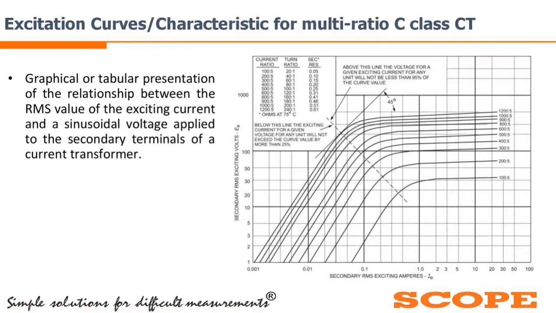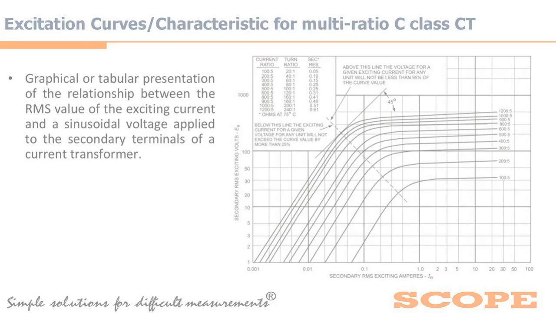Then excitation curve and characteristics. CTs can have multiple taps, with metering and protection cores all in a single CT. With the help of our ATOM 21, we can test multiple CTs and we will get a graph like that. Here you can see the first CT, it is 100 by 5 ampere.